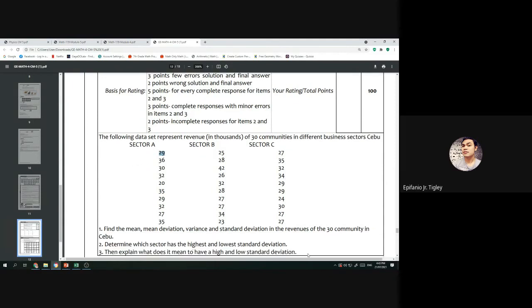Find the mean, then determine which sector has the highest and lowest SD. Explain what it means to have a high and low standard deviation.